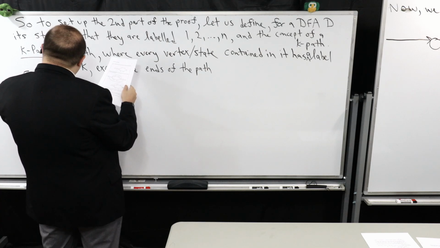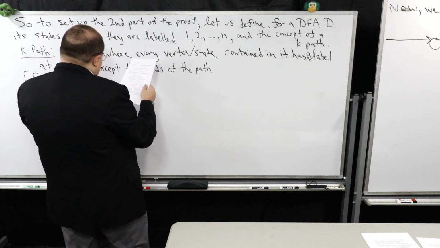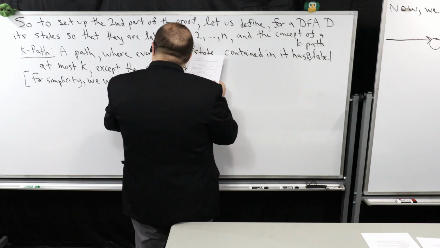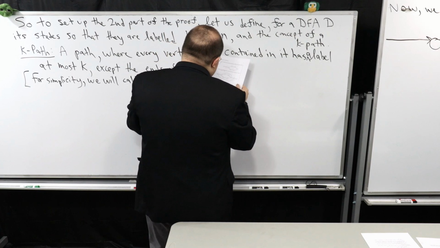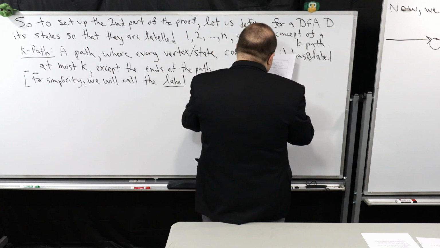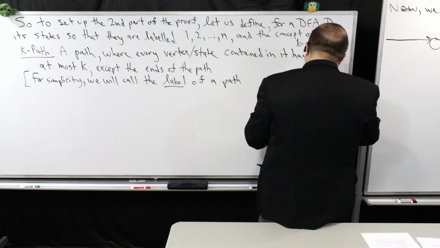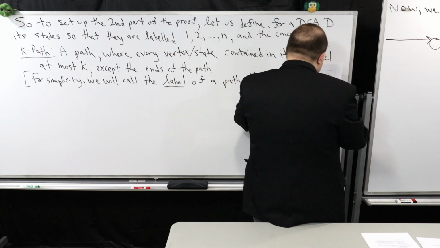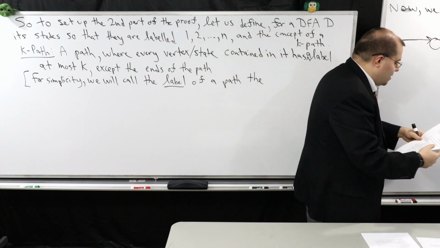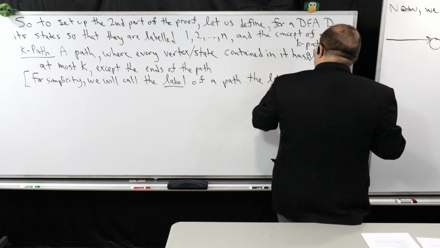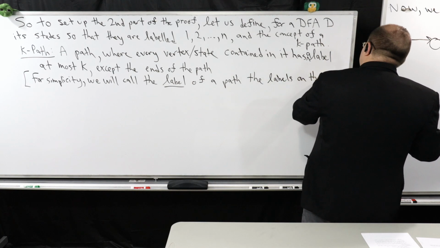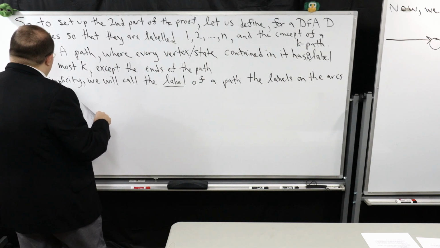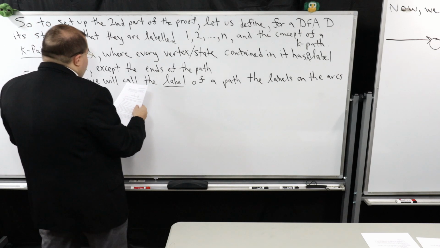For simplicity, we will call the label of a path simply the labels on the arcs or transitions that are in the path.